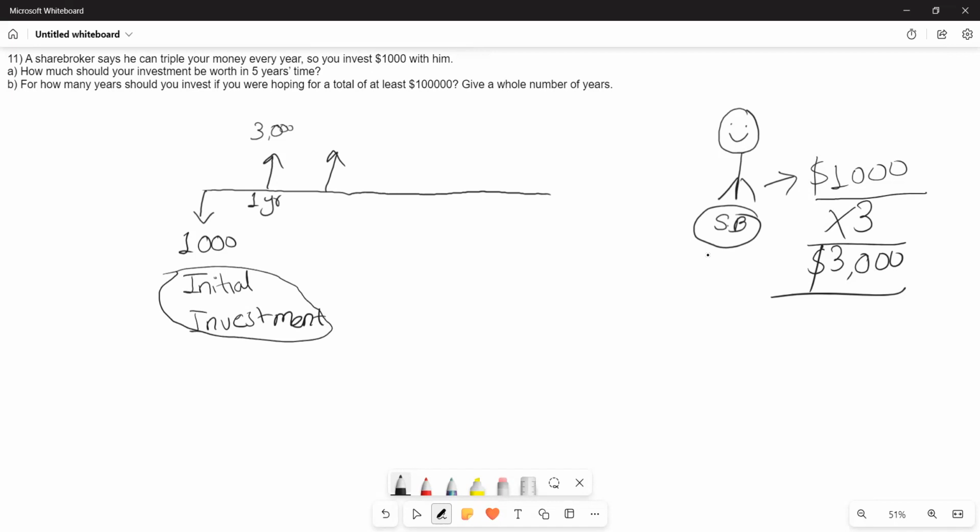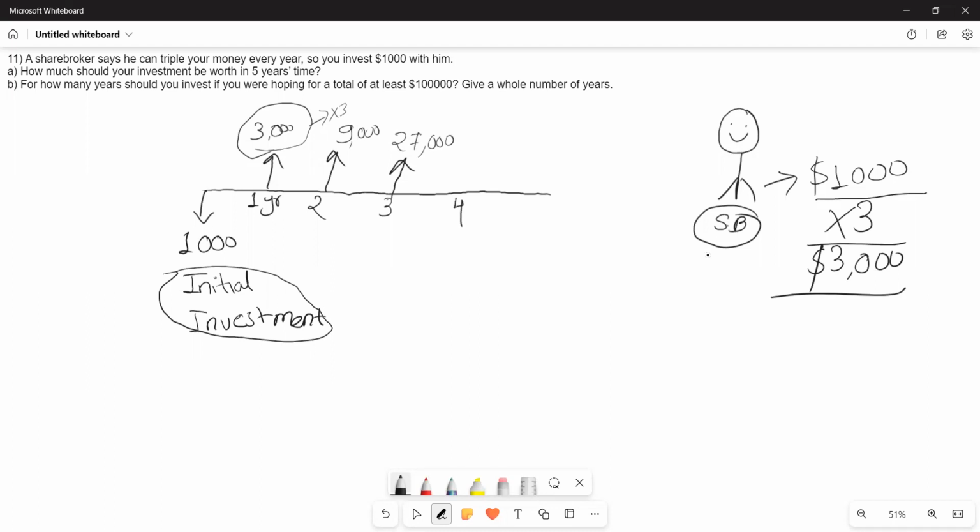After 1 year, the share broker says he will triple your money every year. So you are getting 3 times of your initial investment. That is 3,000. Again, in the second year, you will get this amount times 3. So 3 times 3 is 9. So $9,000. Again, in the third year, how much you are getting? 9 times 3, right? So it's $27,000.